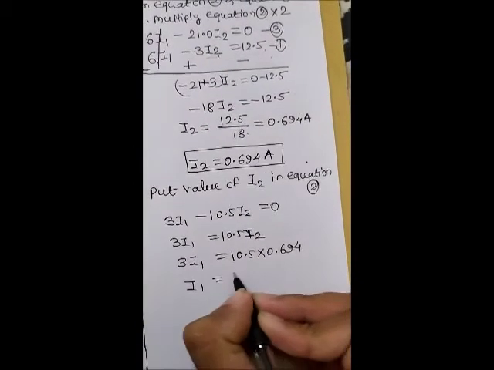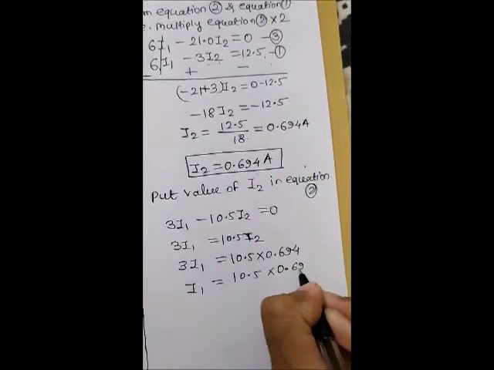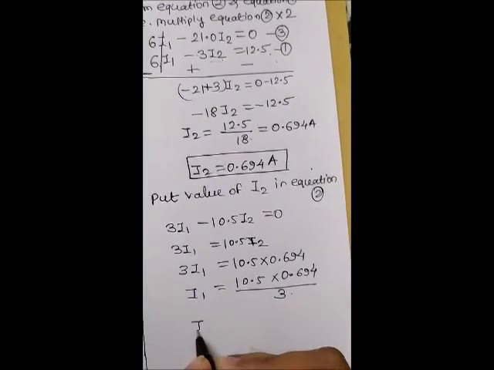So I1 is equal to 10.5 into 0.694 divided by 3. So you will get the value of I1.